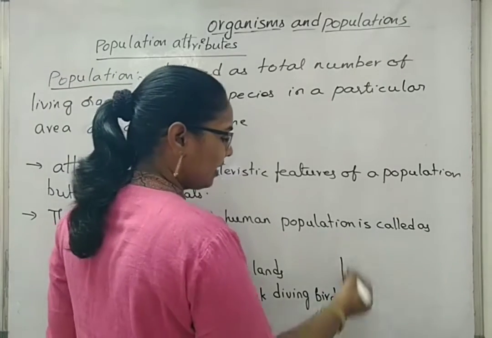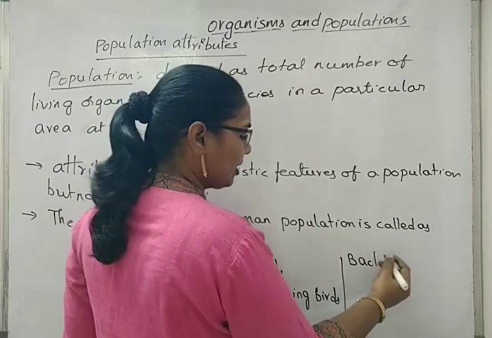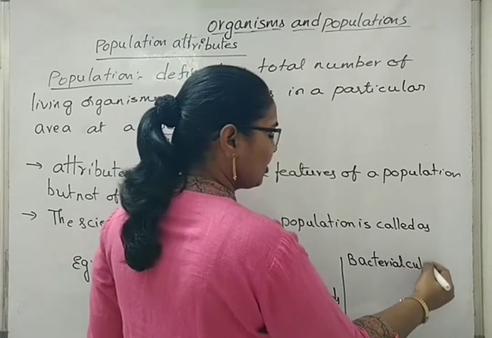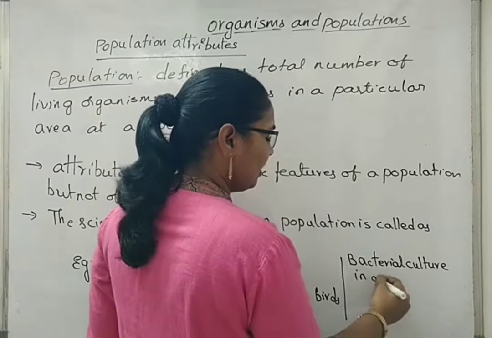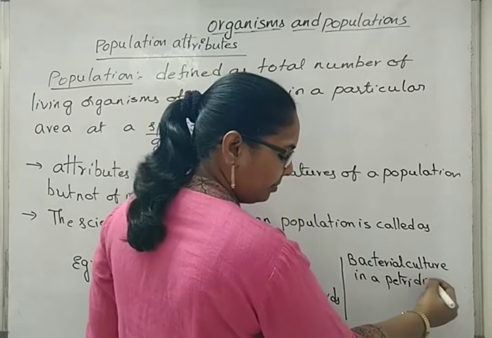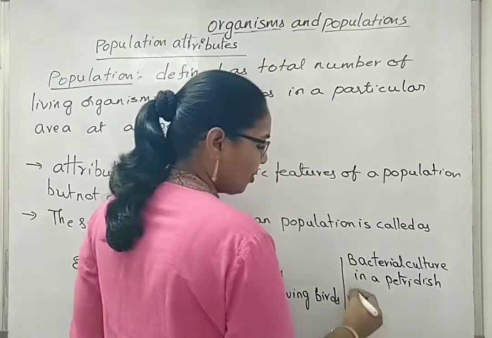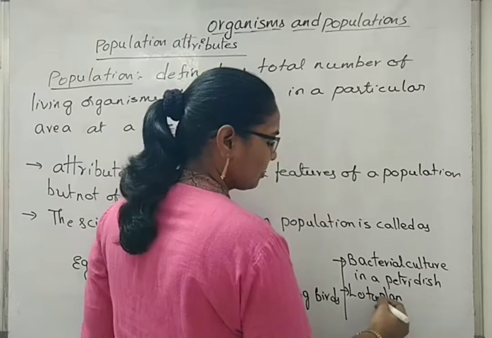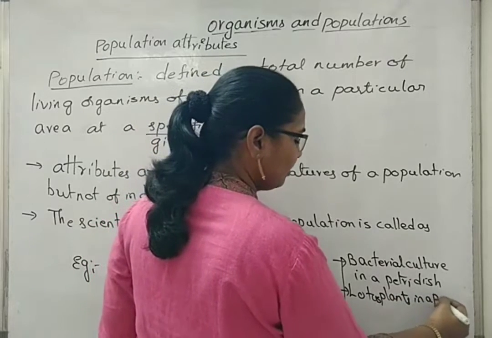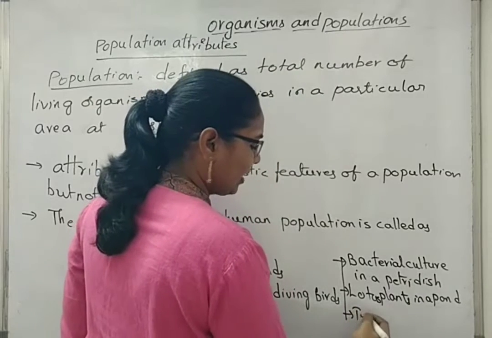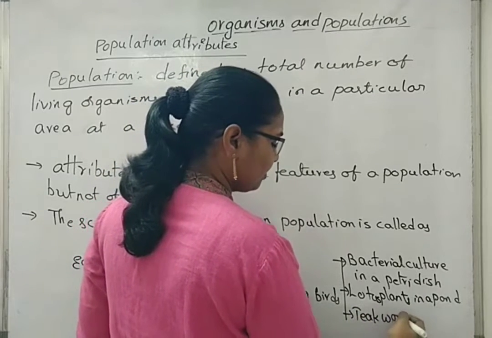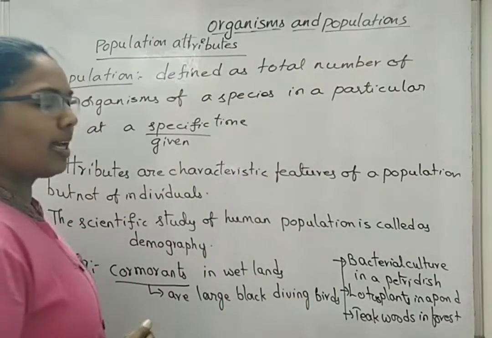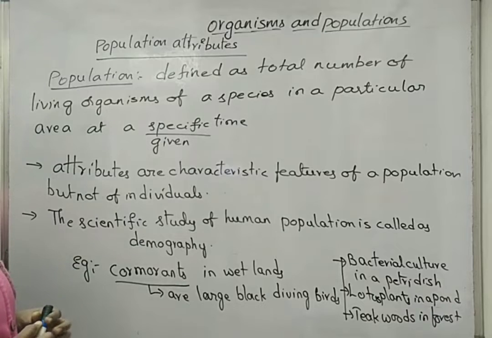Other examples are bacterial culture in a laboratory petri dish, lotus plants in a pond, and also teakwood trees in a forest. So these are all considered examples of population.